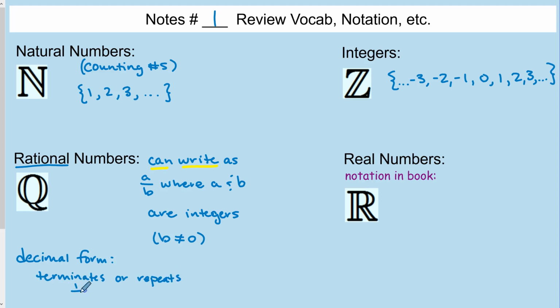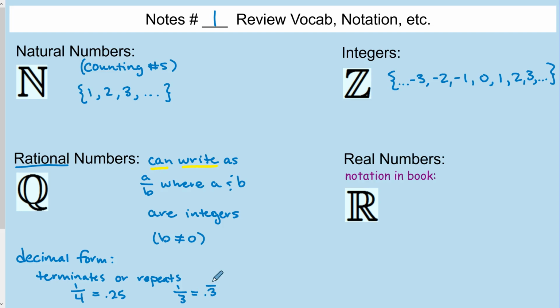For example, if you have 1/4 and you write it in decimal form, you would have 0.25, that terminates. Or if you have 1/3 and you write it in decimal form, you get 0.33333 repeating. So both of those are rational.